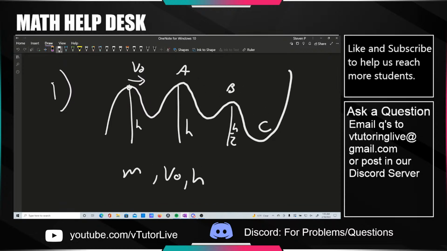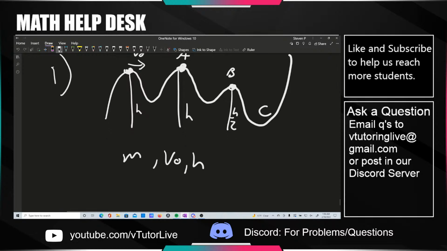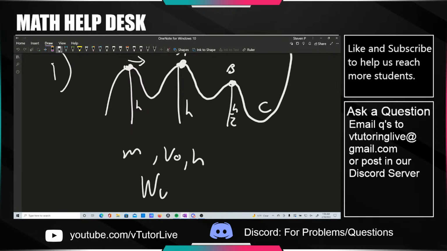Because if these are the same heights, this should clue you in about how the gravitational potential energy is changing, if at all. You should be able to figure out the gravitational potential energy change, and correspondingly the work done by gravity should just be the opposite. I think it's work of gravity is equal to minus change in U of gravity, right?